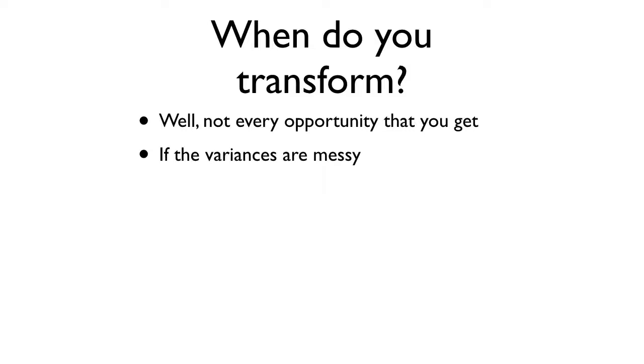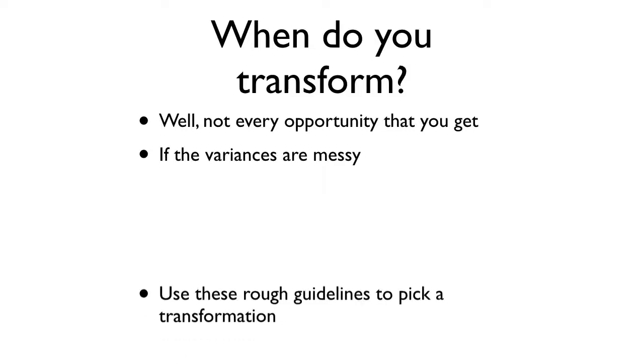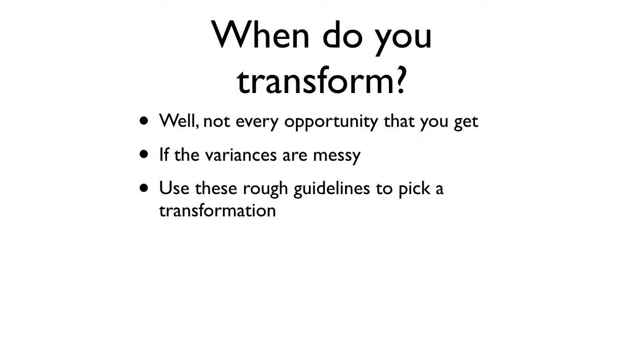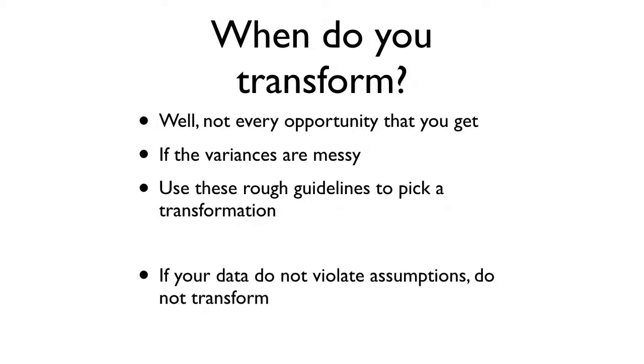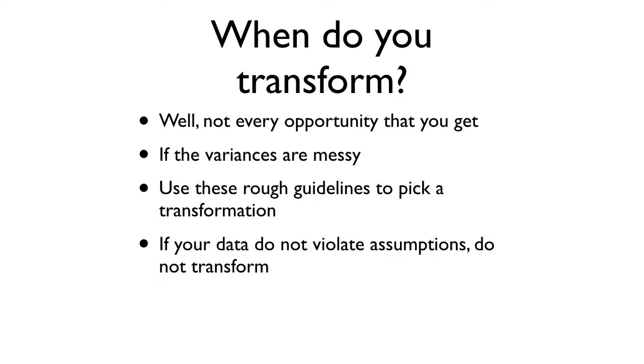If the variances are messy, you can use the rules of thumb that I've got here and pick a transformation. Okay? If your data do not violate assumptions, it's not like, "Oh man, the variances are all the same, but if I do enough mathematical things, maybe I'll find something."